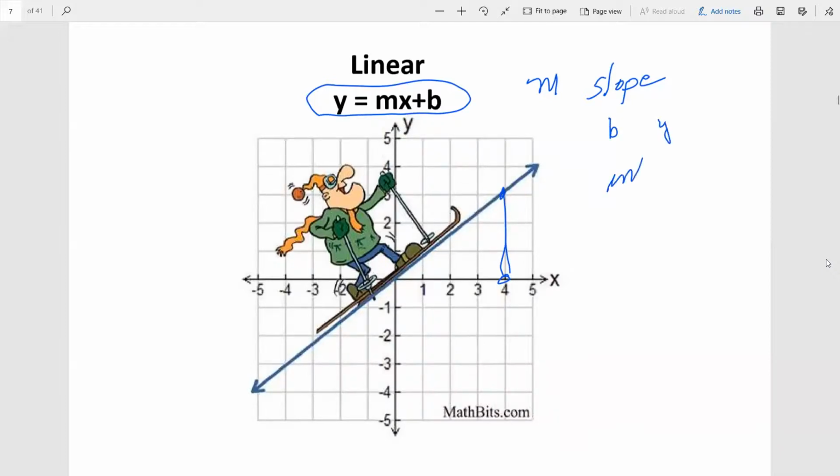We'll get into this later. A linear function is important in so many applications. It could tell you how much your bank account might be growing if you're putting a set amount in every week or every month, and it will go up like a straight line.